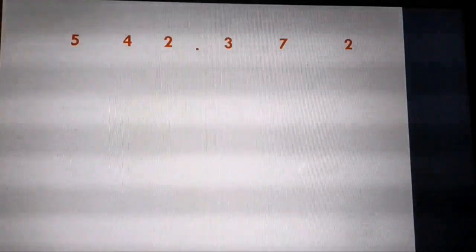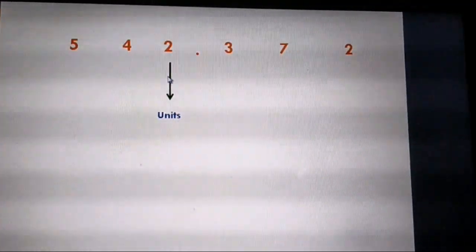Now children, we will see the place names of the digits. See here, one number is given, 542.372. How to find the place name of each digit? Now see those numbers towards the left side of the decimal. The first place is called unit.